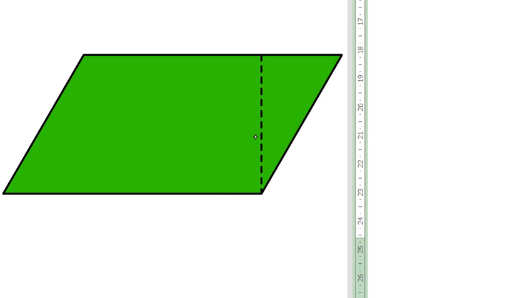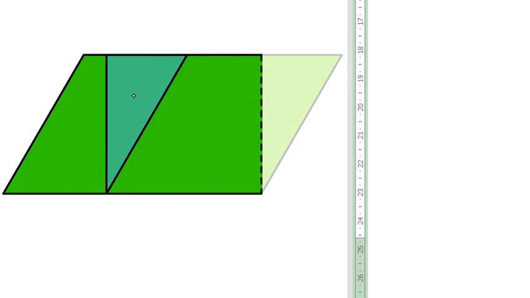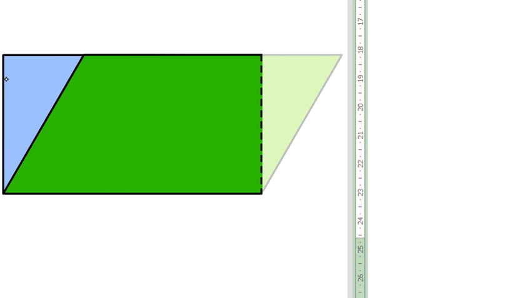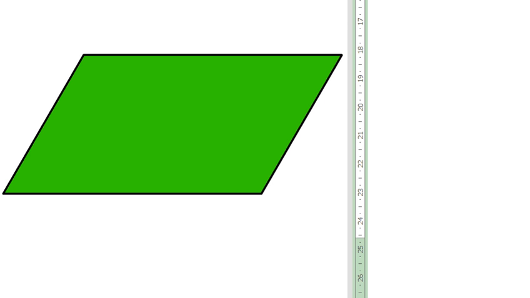Then we see that this part adds a missing part and makes that shape a complete parallelogram.